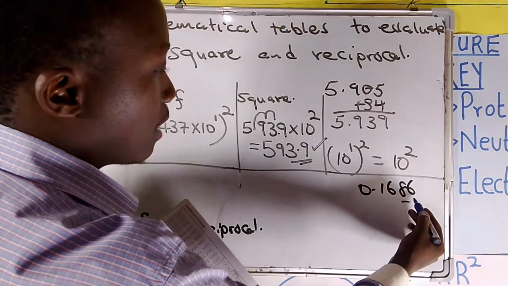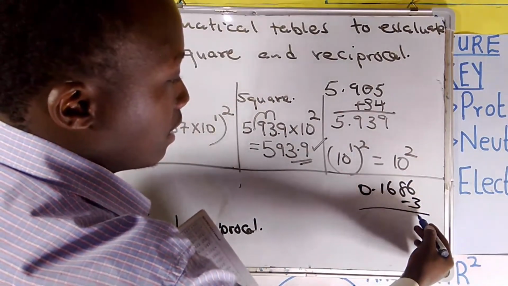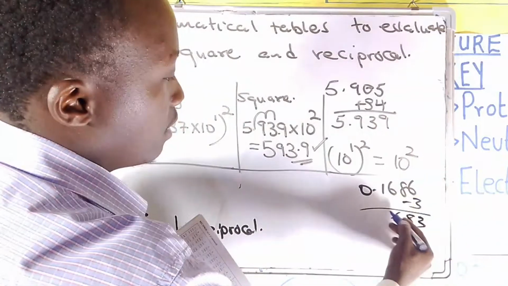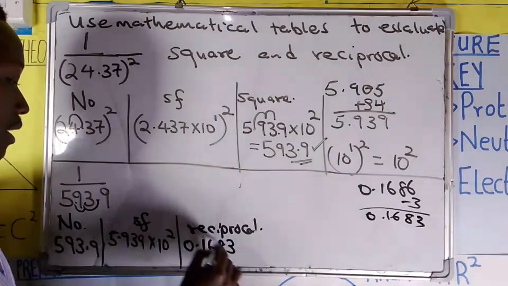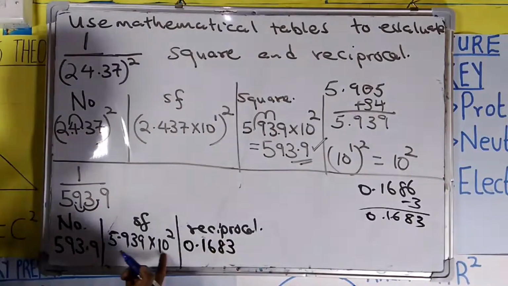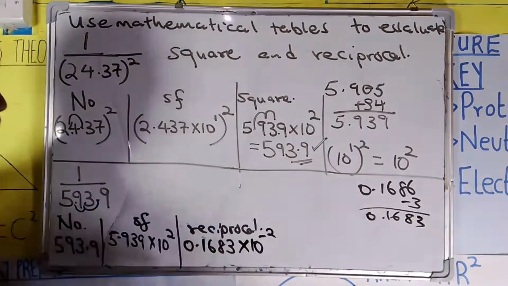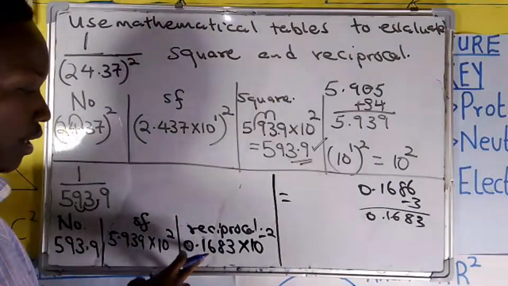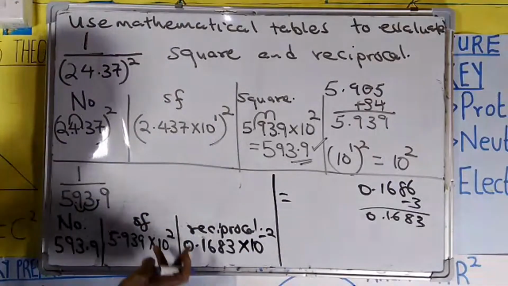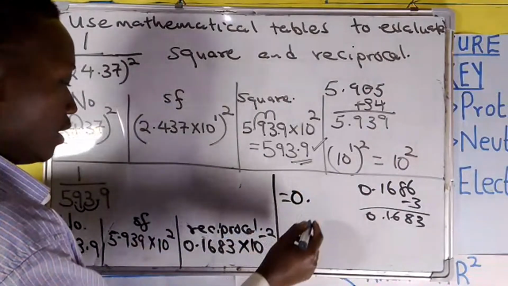When we subtract 3, 6 minus 3 is 3, so we get 0.1683. Then the reciprocal of times 10 to power 2 will be times 10 to power negative 2. And we will take this decimal back.